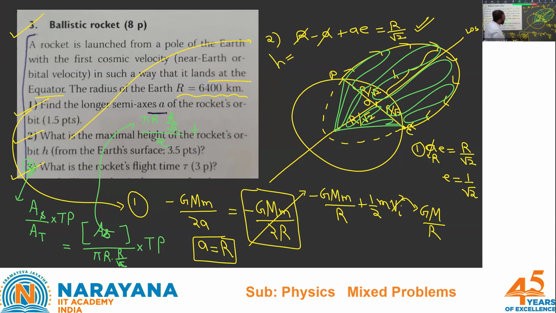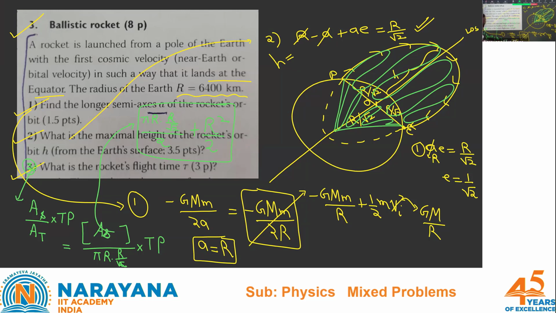So that area comes out as R square by 2. So when I say area subtended, that is coming out as pi AB by 2 plus R square by 2. And this value is also pi R square by root 2.